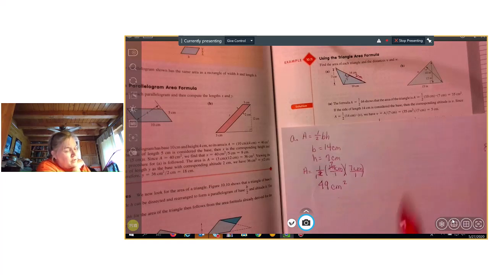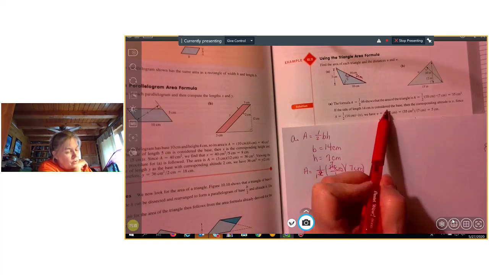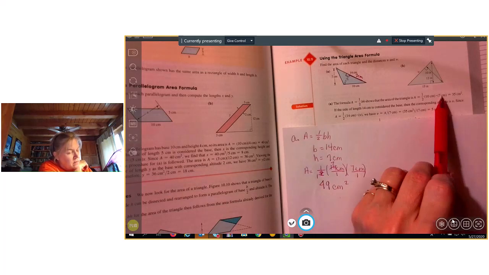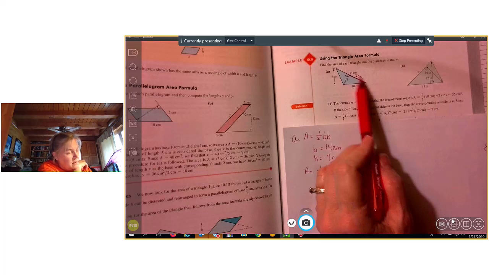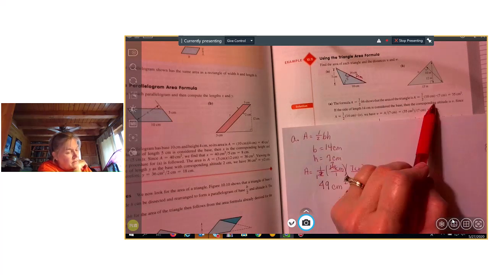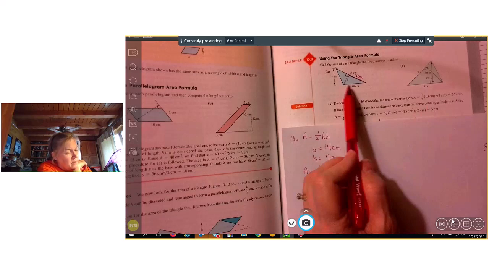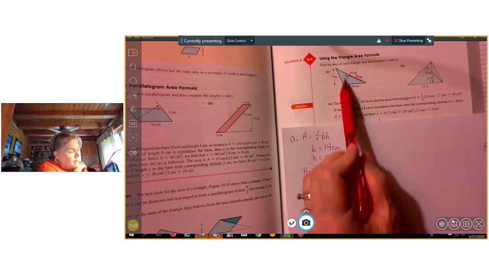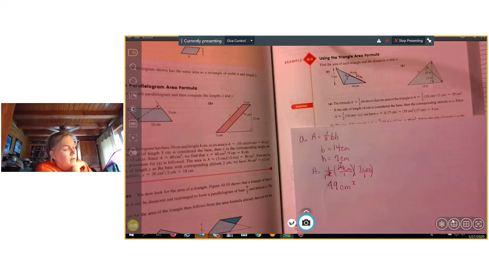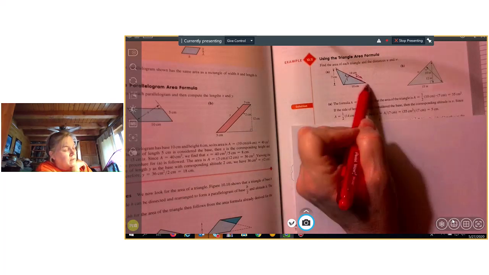And so they're showing that if you take the formula and you do 1/2 base times the height, they're saying the height here is 7, the base is 10, the height is 7 from this, then you get 35. Is that not what I did? Oh, sorry. I used this as the base instead of this.